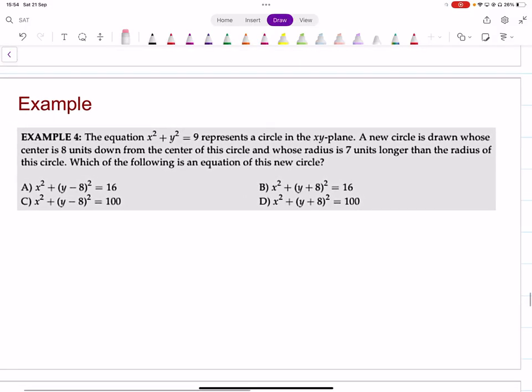Let's have a look at this. The equation x squared plus y squared equals 9 represents a circle in the xy plane. A new circle is drawn whose center is 8 units down from the center of the circle and whose radius is 7 units longer than the radius of the circle. Which of the following is an equation of this new circle? Now, how do we think about this? Write down the standard form: (x minus h) whole squared plus (y minus k) whole squared equals r squared. What's the center of the circle?